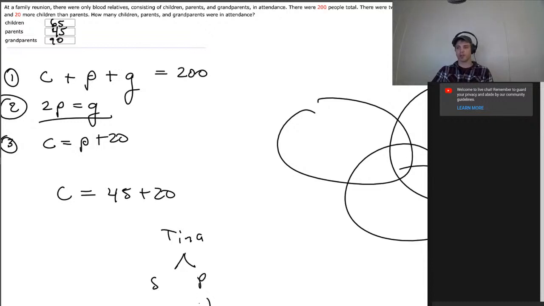And then Paul has a child, and Susie has 3 children, right? So these people are parents, but they're also children. I think that's a little bit silly. So you get some overlaps between parents, grandparents, and children. You can be all of these things at once, actually.